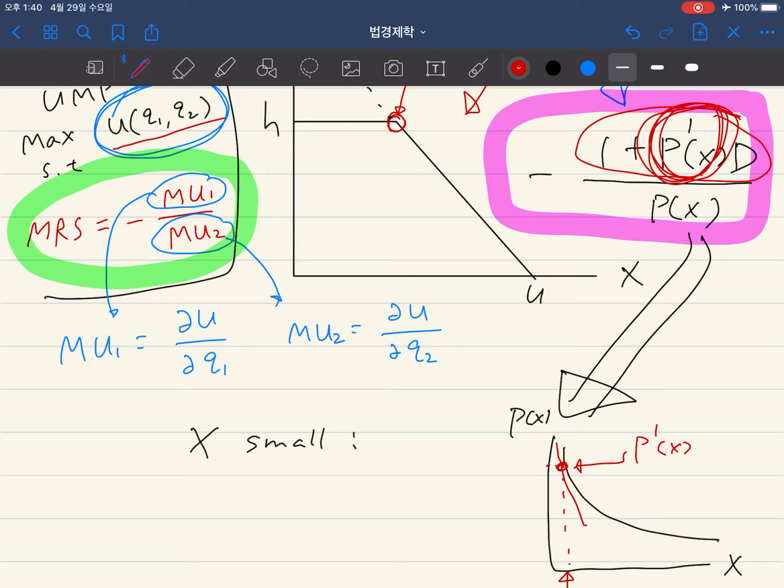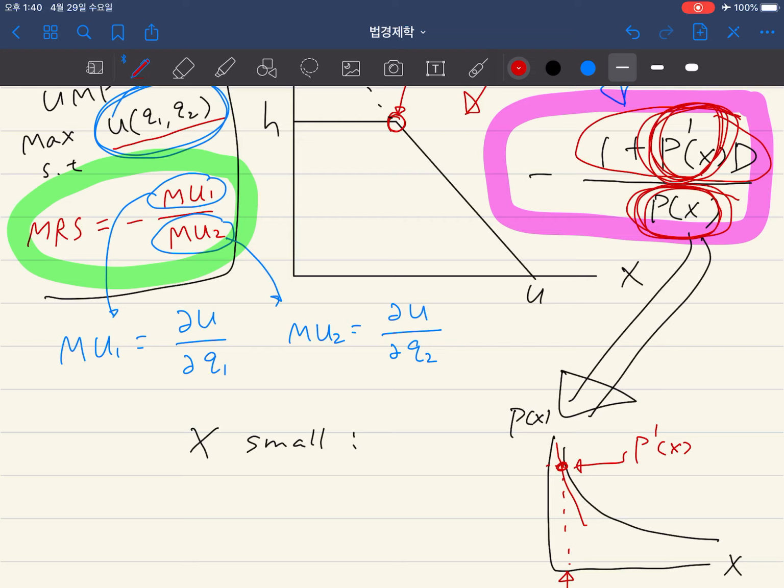Then numerator itself is gonna be a big negative number. And look at the denominator. Denominator is a probability, so this is a positive number.